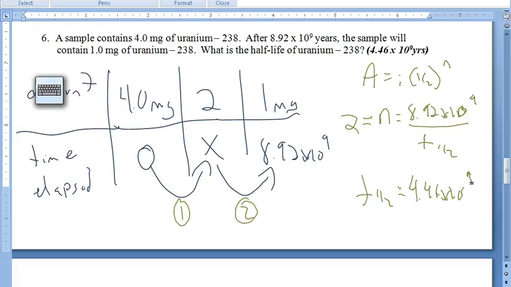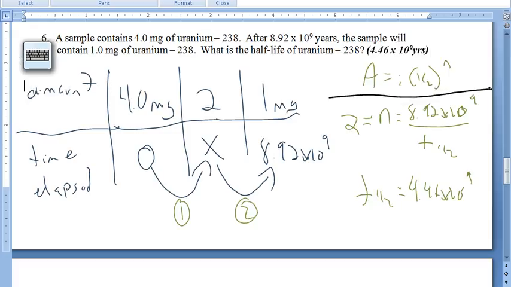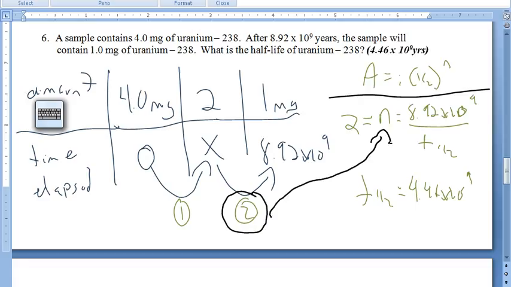So you can do it algebraically this way, just really focusing on the n. You can plug in numbers as well, or you can just focus on the n. If you use the table method, you'll get how many half-lives there are, and you can solve for n directly.